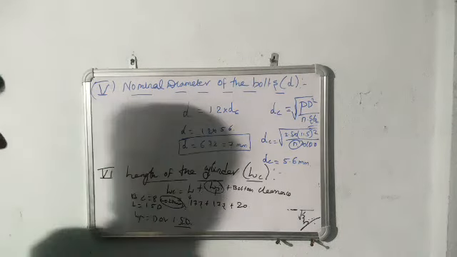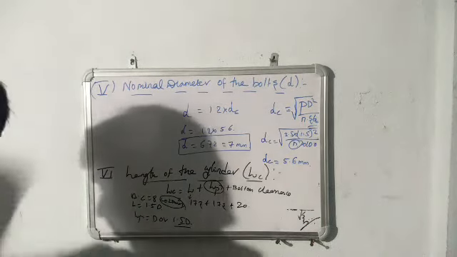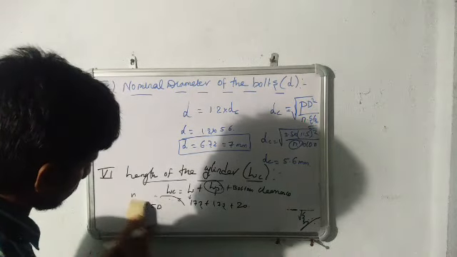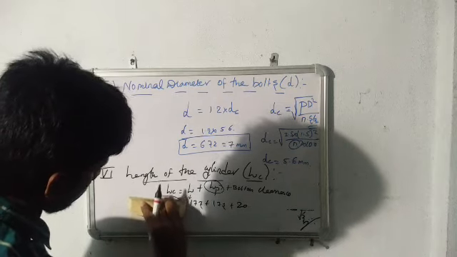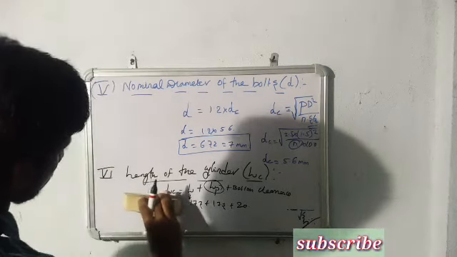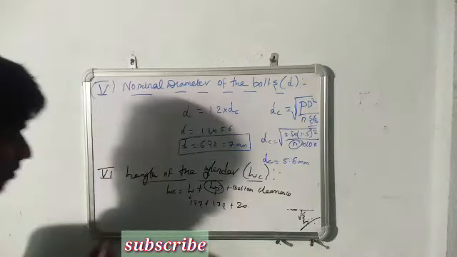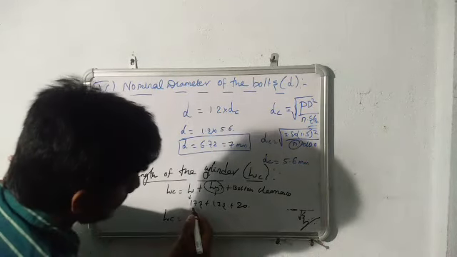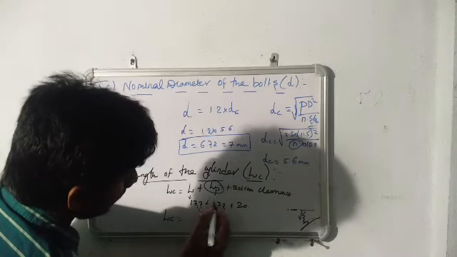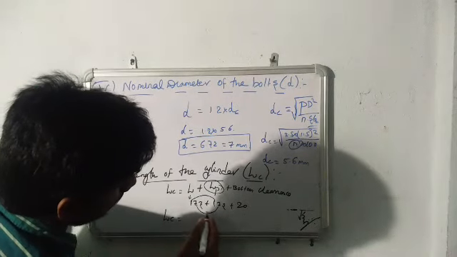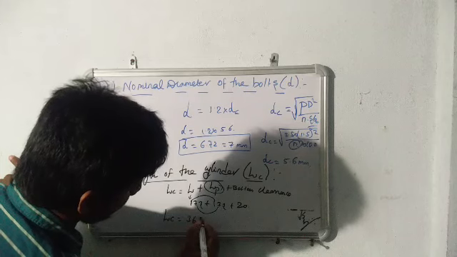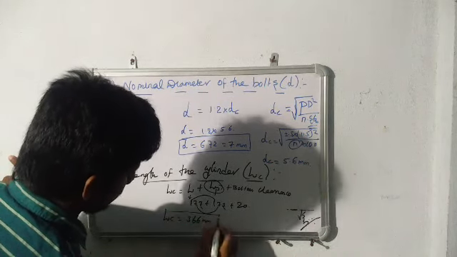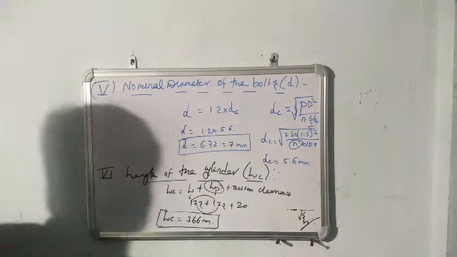By simplifying this, the length of the cylinder is 366 mm.